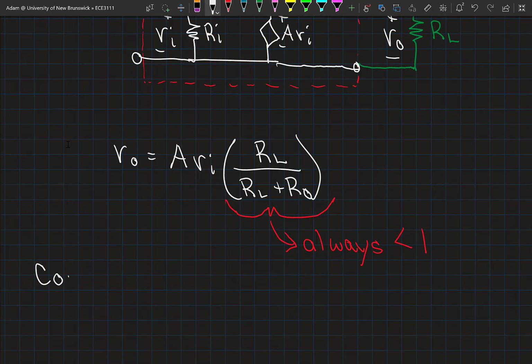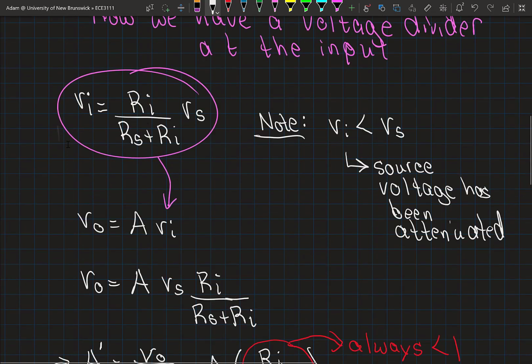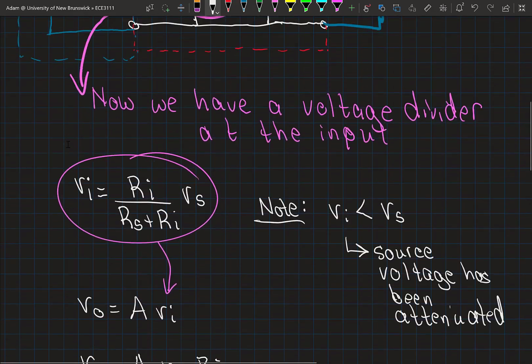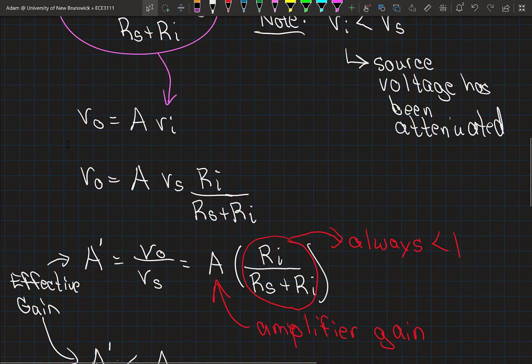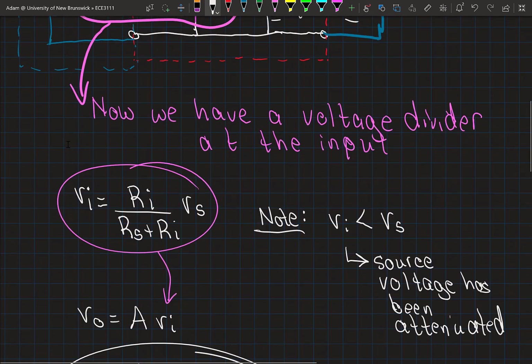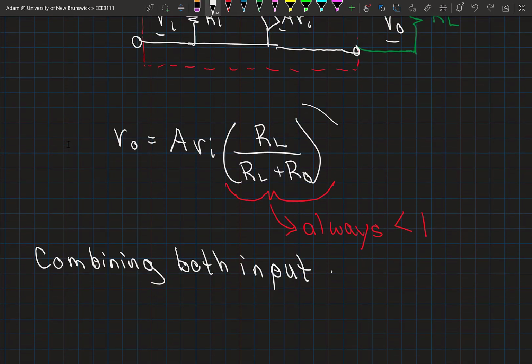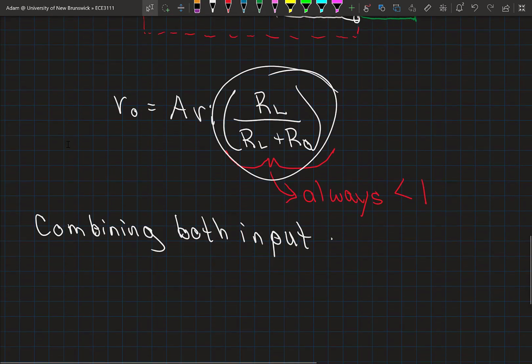Okay, so now combining both the input attenuator, this input effect that we saw here, or maybe more specifically, that attenuation that we saw here, and combining this attenuation that we saw here, so combining both the input and output attenuators.